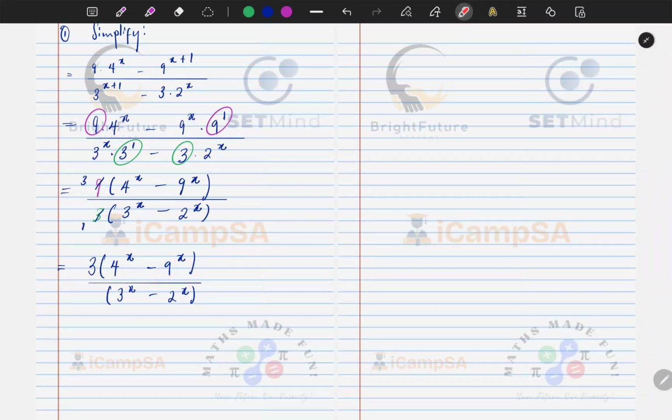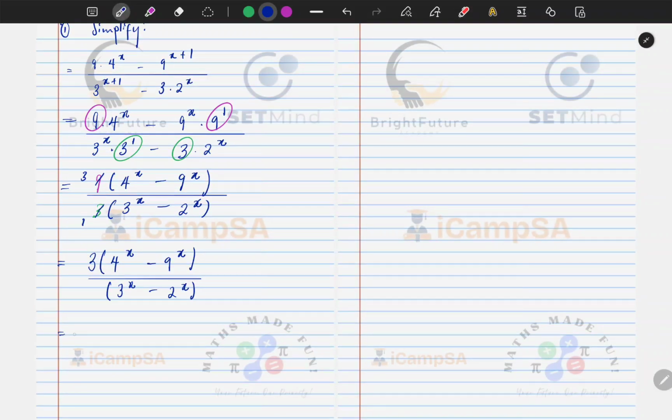So that's what I'm going to do now. It's going to be 3 into, open bracket, 2 to the power of 2x minus 3 to the power of 2x, close bracket, all over 3 to the power of x minus 2 to the power of x.